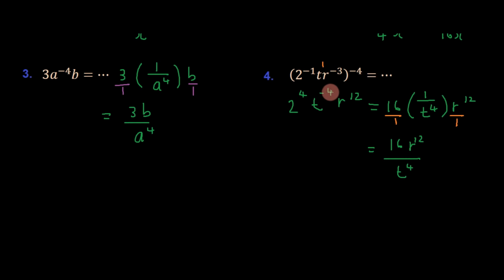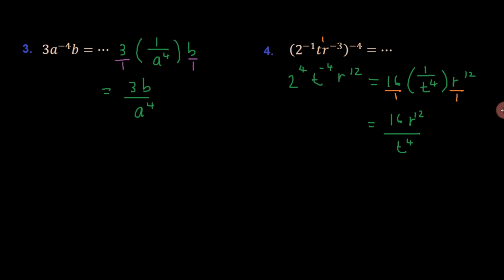So in this case, we've started with applying law 3. Let's see what happens when we start by using law 6. So this will be the alternative way of doing this. We can write it as 1 over all of 2 to the negative 1 t r to the negative 3, all to the positive 4, using law 6.